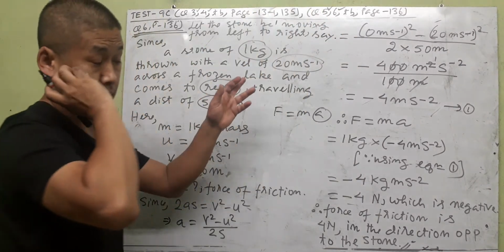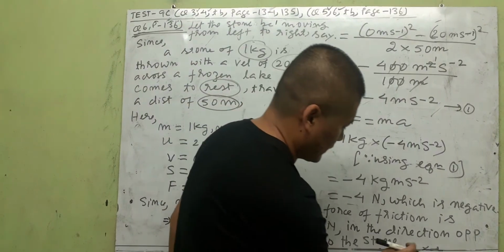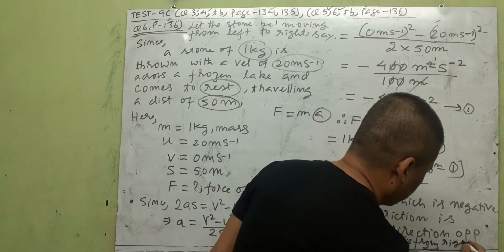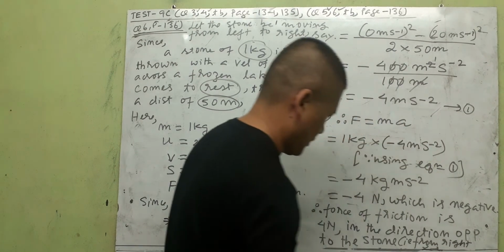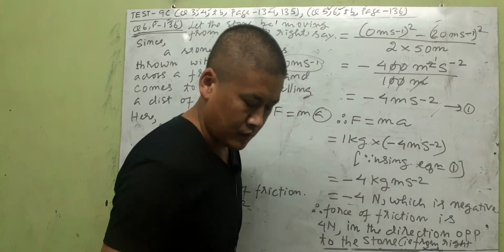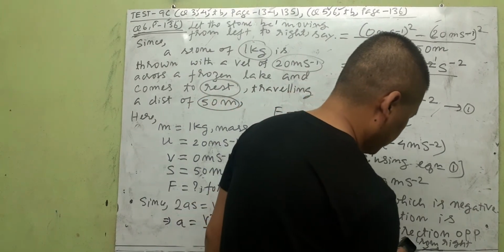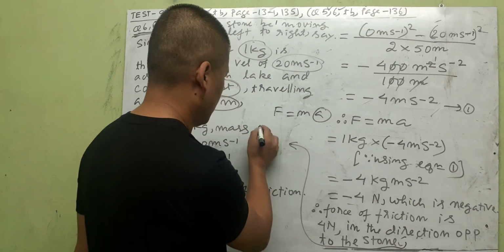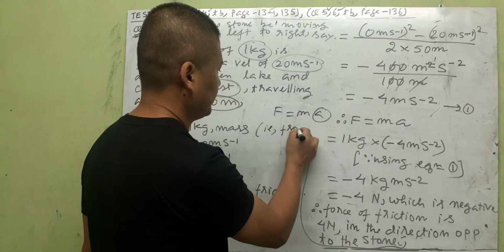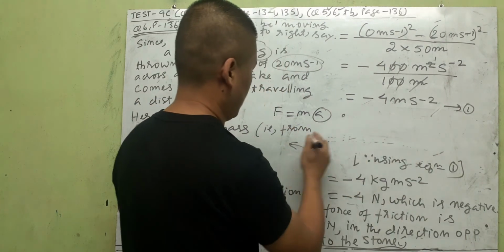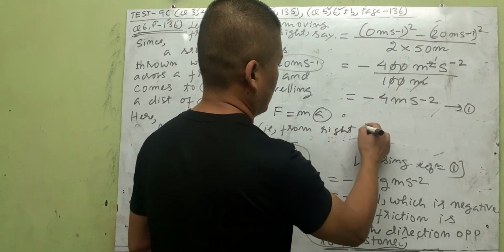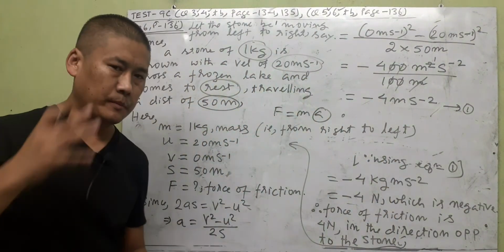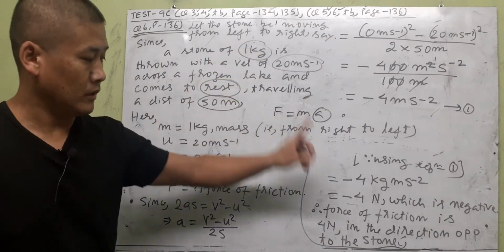Not necessary, as I said, but if you do that, then the advantage is you can clearly mention here that the force is from right to left. That is the advantage, it becomes clear in the picture of our mind. Otherwise without writing this also, this is enough.